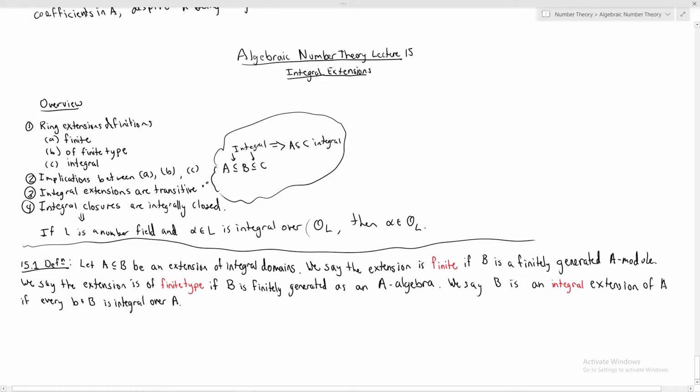So, this is 15.2, examples. Example 1: let's do an example of a ring that's of finite type but not finite.